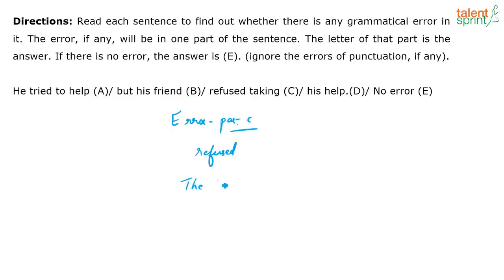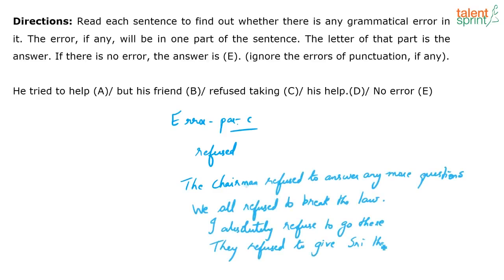Let's look at quickly some example sentences. Just some random example sentences I've put where refused is followed by the infinitive form. The chairman refused to answer any more questions. We all refused to break the law. I absolutely refused to go there. They refused to give Shri the job.